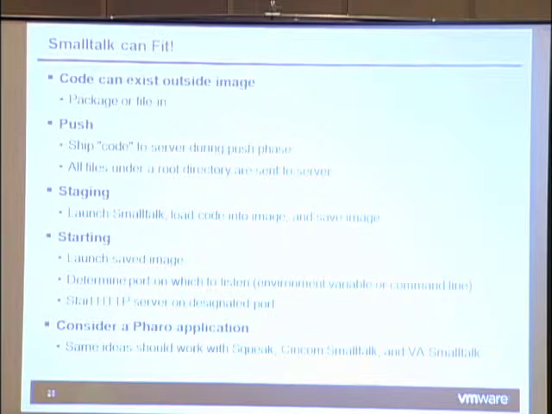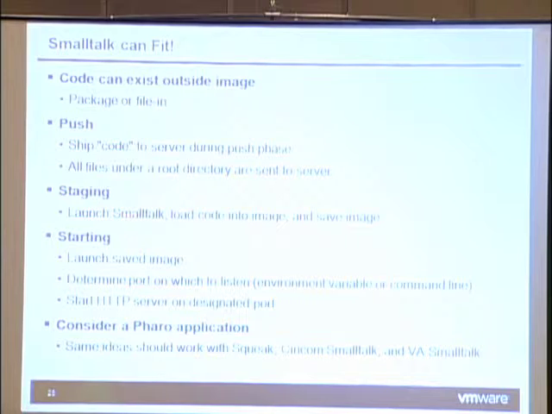You have a package or a file name. If you start with a file name or a package, then we're actually just shipping our code. And if the server has an empty or blank or virgin image, then we can install code into it.